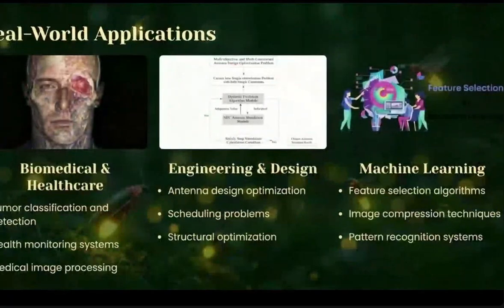Now, coming to real-world applications, the Firefly algorithm is used in various fields such as biomedical and healthcare. In this, tumor classification and detection is used, also health monitoring systems and even medical image processing.